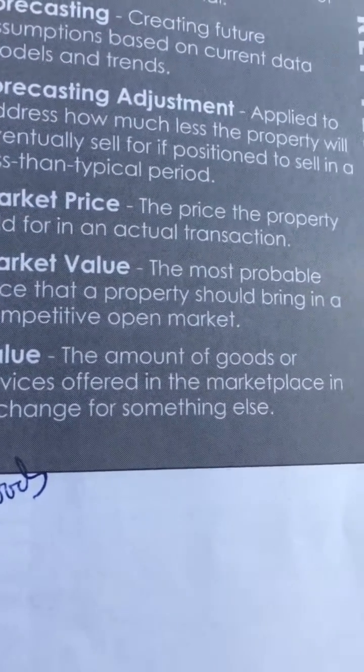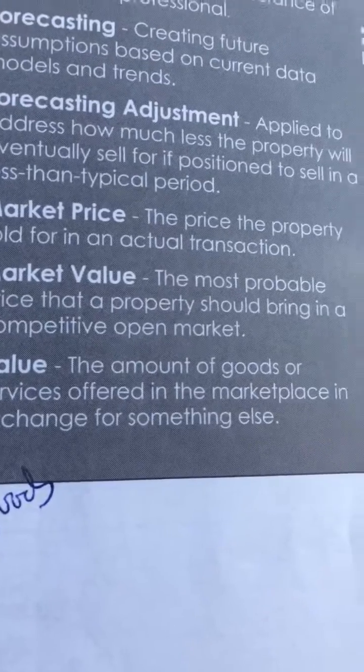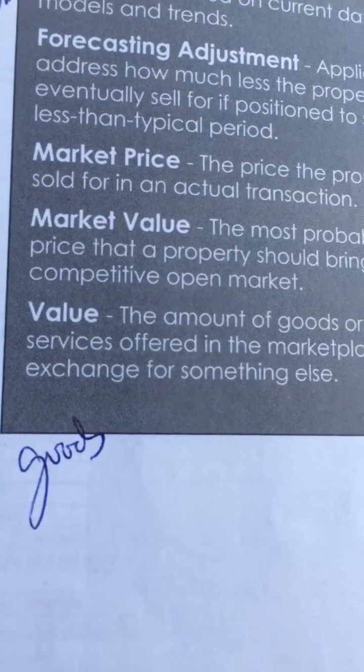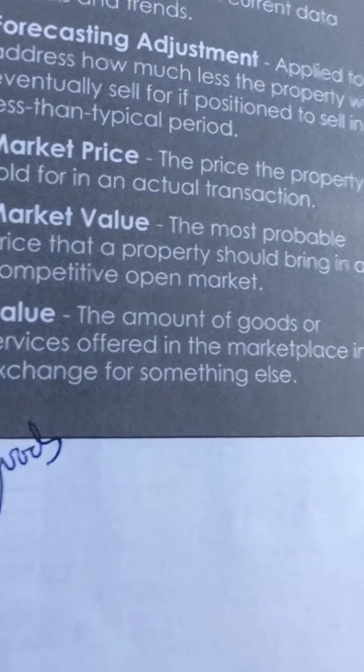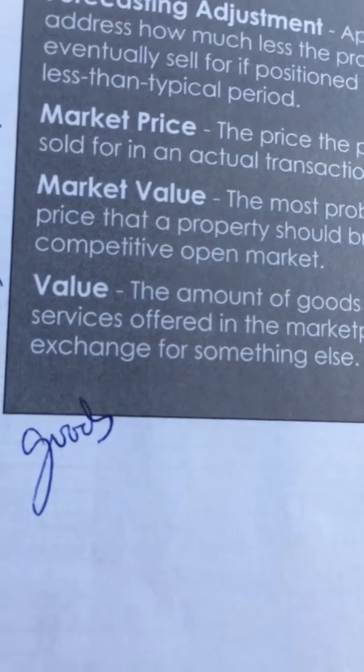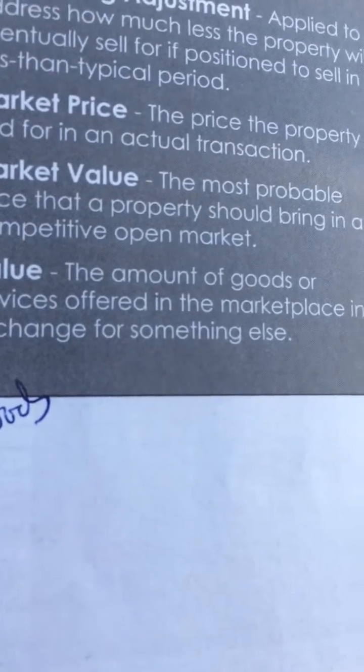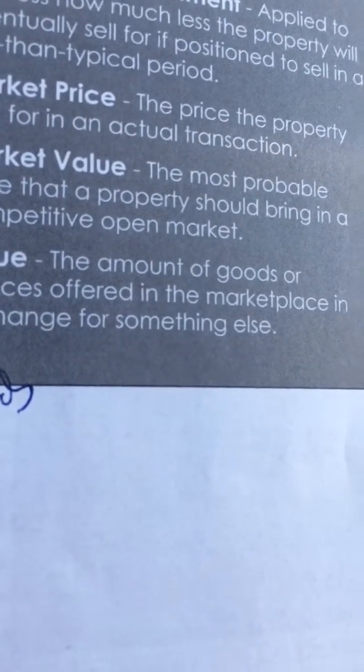Market price, the price the property sold for in an actual transaction. Market value, the most probable price the property should bring in a competitive open market. Value, the amount of goods or services offered in the marketplace in exchange for something else.